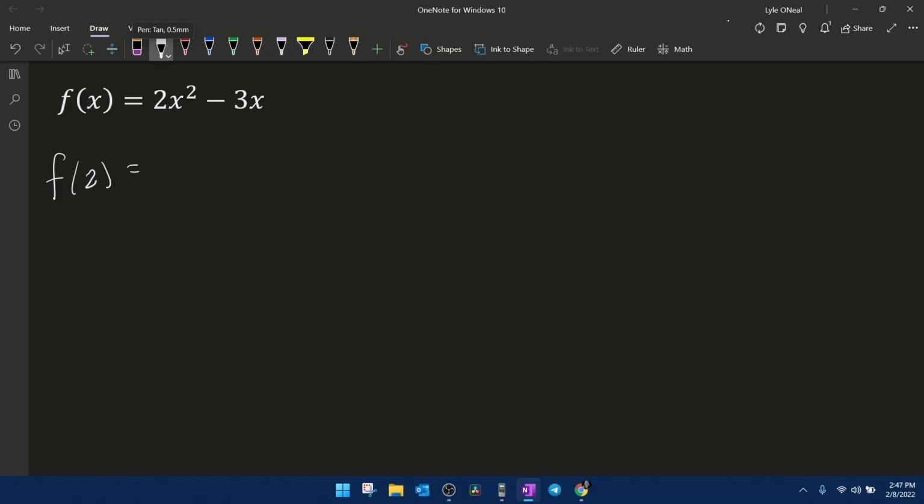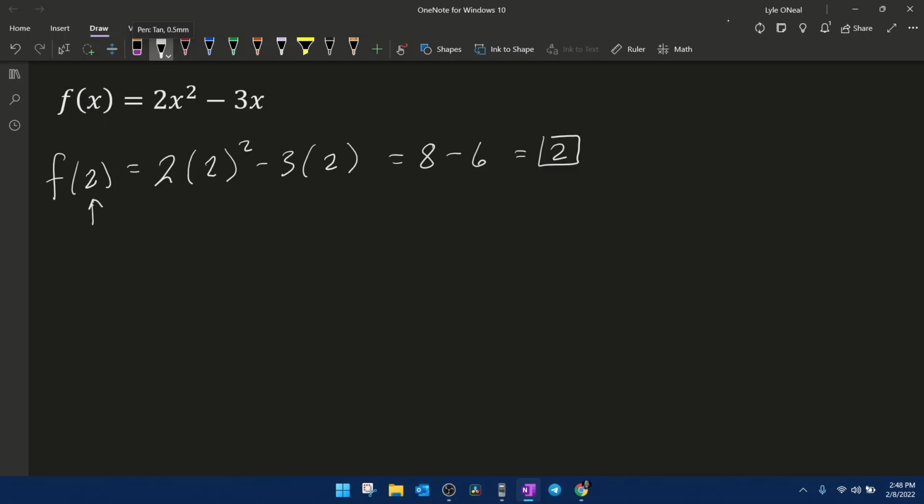So to find the value of f of 2, we're going to replace each x with 2, and then we need to work that out. So 2 squared is 4 times 2, that's going to be 8 minus 6, which is 2. And it's important to note what we have actually found here.